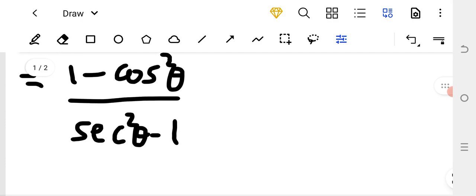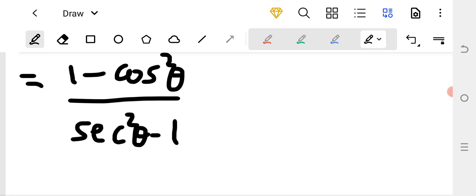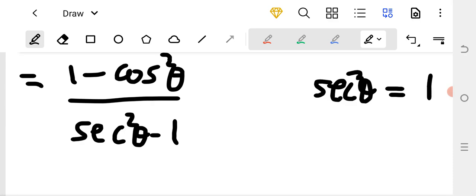To continue, we're going to keep the numerator the same, and on the bottom we are going to simplify, because we know sec theta squared is equal to 1 over cos theta squared.